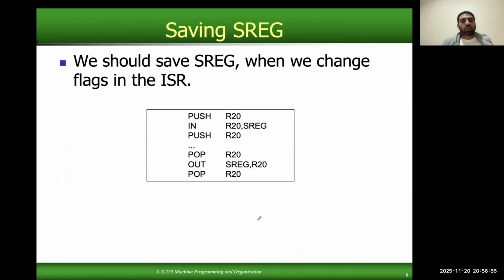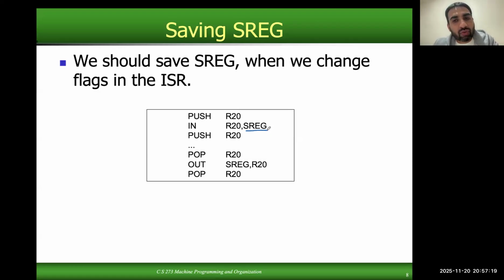Another issue which we need to be careful about while writing interrupt service routines is that we should save the status register whenever we change the flags in the ISR. So remember that the status register has multiple flags, right?